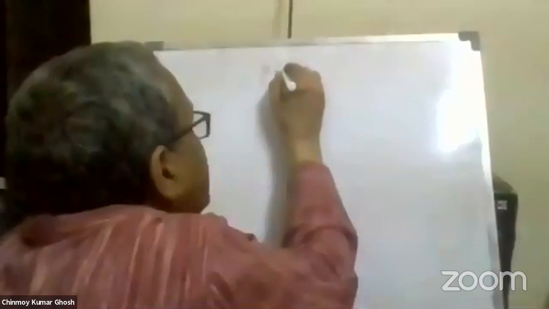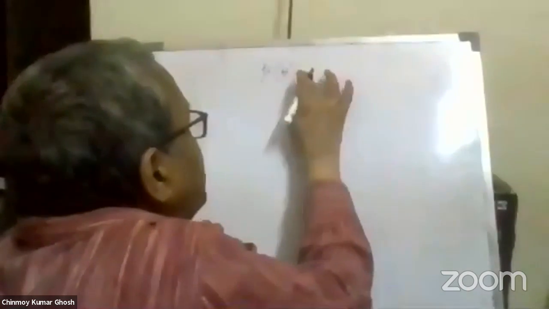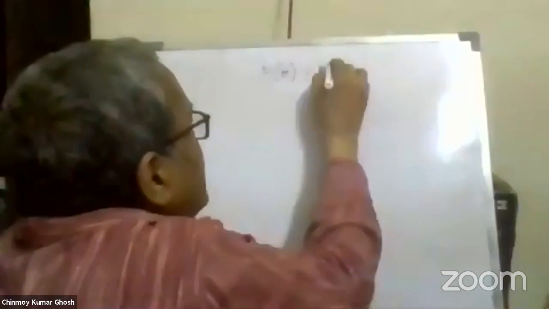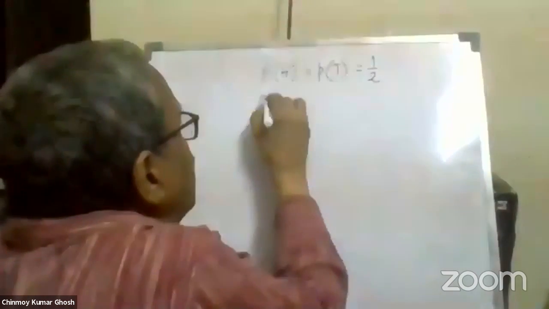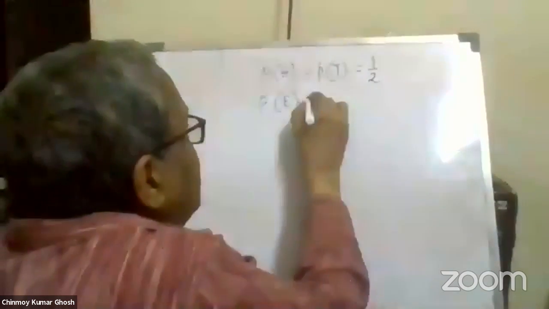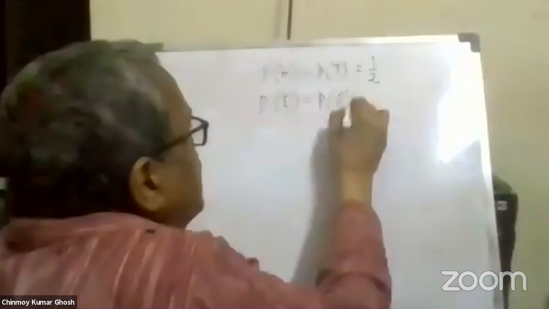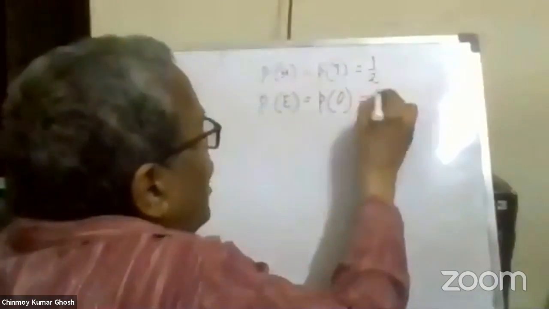In the case of coin tossing, probability of head is equal to probability of tail is equal to half, and in this case also probability of even is equal to probability of odd is equal to half. Sir, it need not be required to be odd and even.